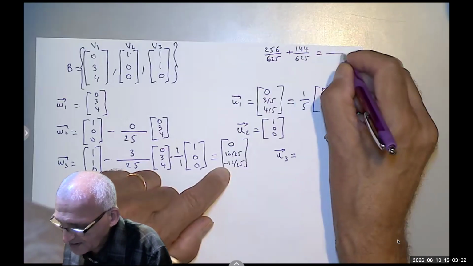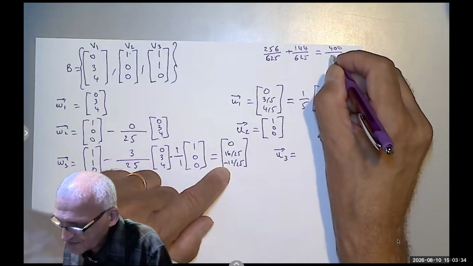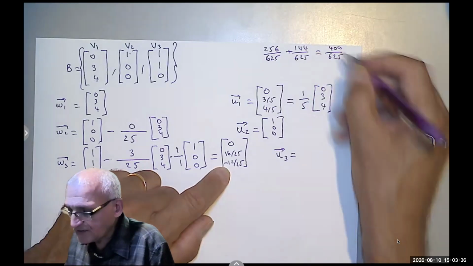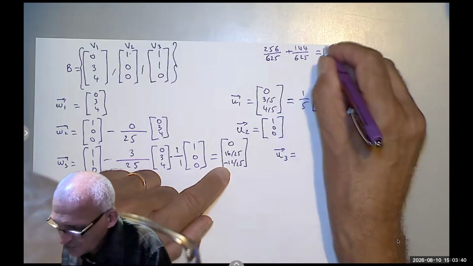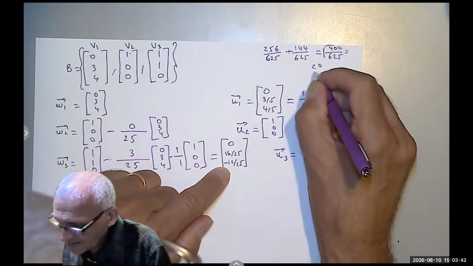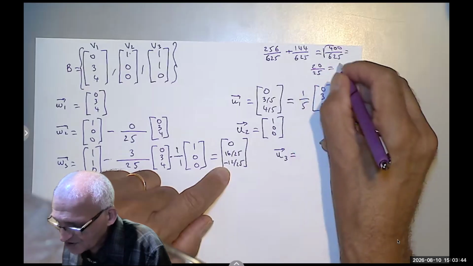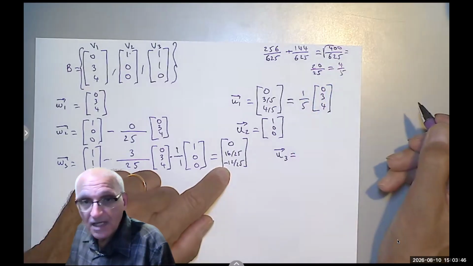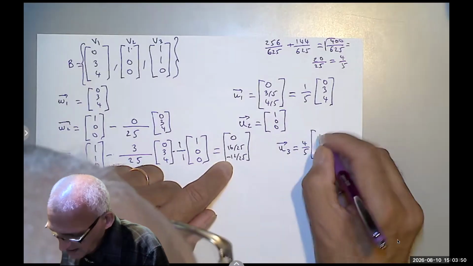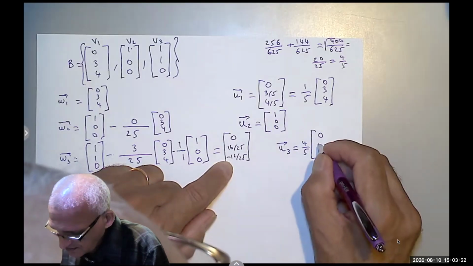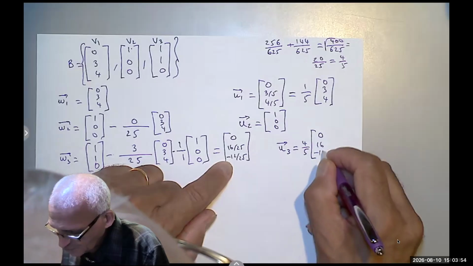When you add them up, you get 400 over 625. And then when you take the square root, you get 20 over 25, which is 4/5. So it's 4 over 5 times 0, 16, negative 12.